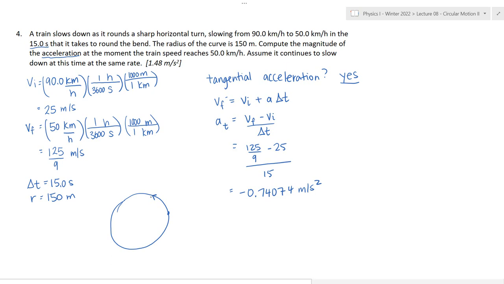So in fact, the tangential acceleration is pointing in the opposite direction of its motion. It's going this way. So that's the tangential acceleration because it's negative. Okay, so it has tangential. But what was the other type of acceleration? It was radial. Does this train have radial acceleration?